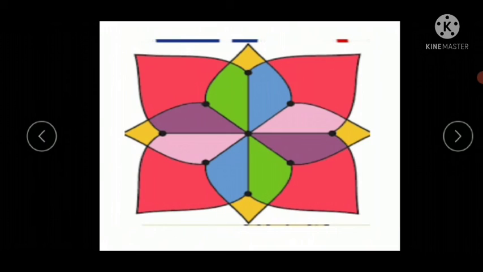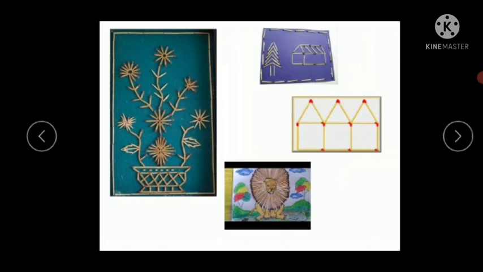See, while drawing this kind of rangoli, we want to know different types of lines and also about curves. By using these matchsticks, we are going to create n number of pictures using these lines and curves. See, if you know about these lines and curves, you can create n number of pictures like this.